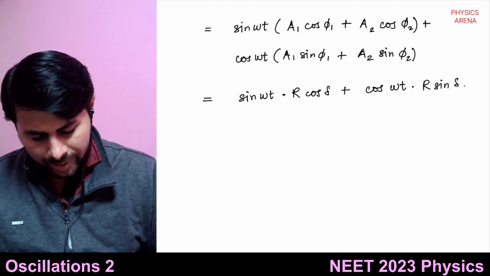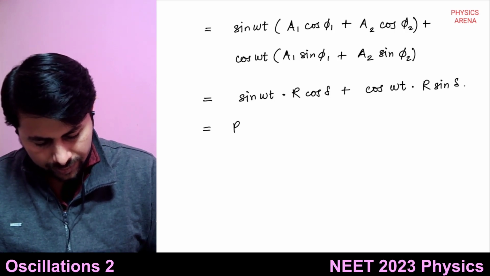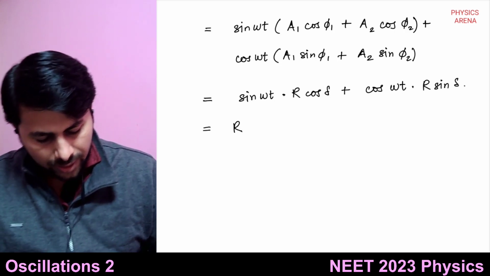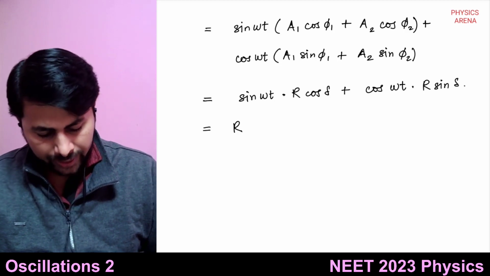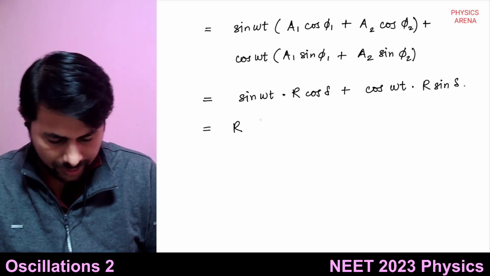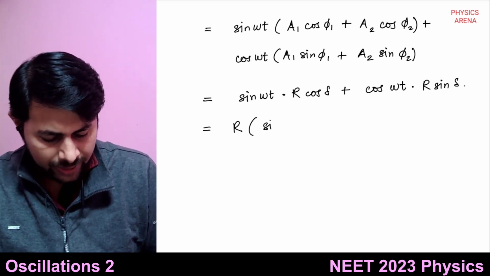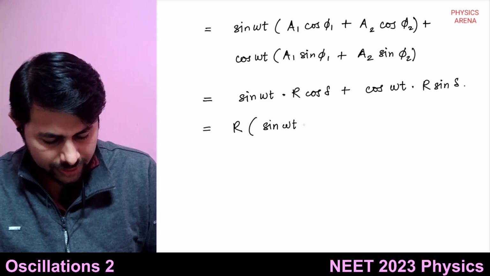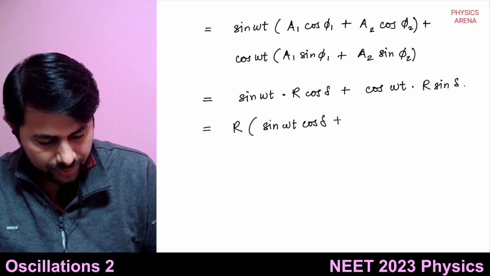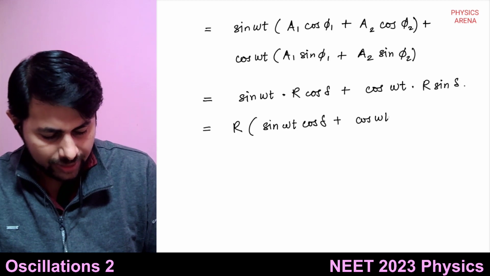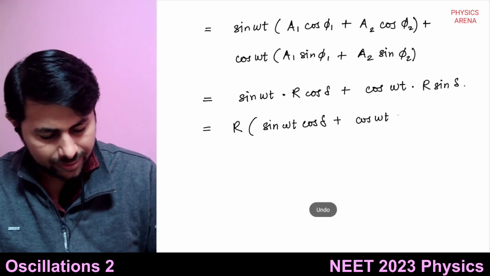If you take r common, it's sine omega t cos delta plus cos omega t sine delta.